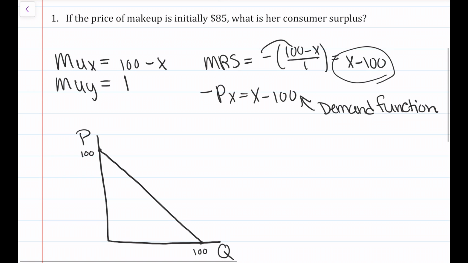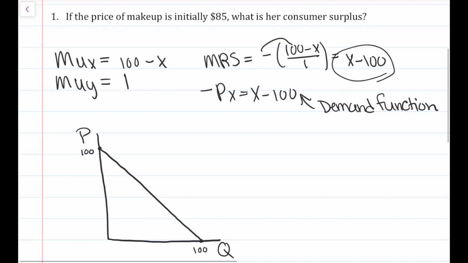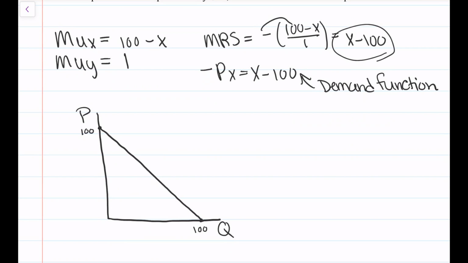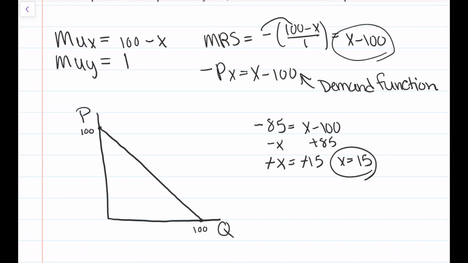Here our price ratio would just be negative 85, so negative 85 equals x minus 100. Now we add 85 to this side and subtract x. Negative x equals negative 15. Cancel out the negatives, so x equals 15.